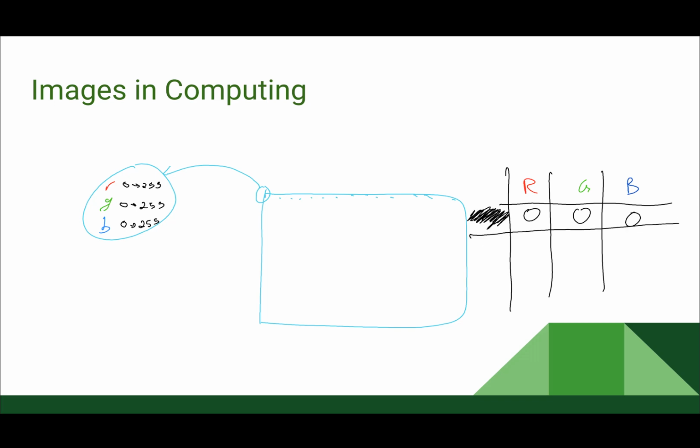If we have 100 of each, what color are we going to get there? If we're not adding the maximum value, 255, we're not going to reach white quite yet. This one's going to give us a gray. But if I add 255 of each, that's going to give us white.